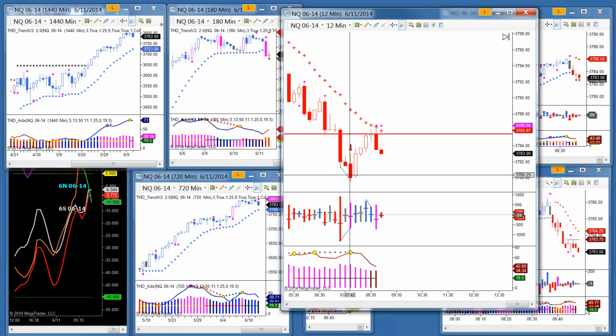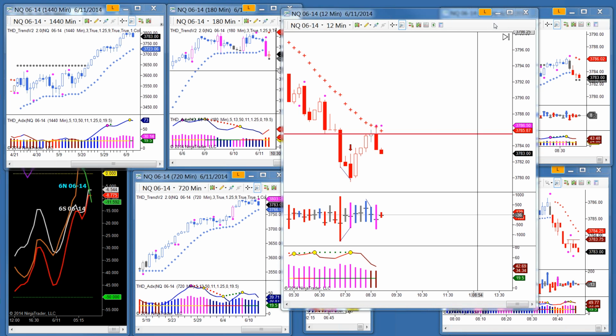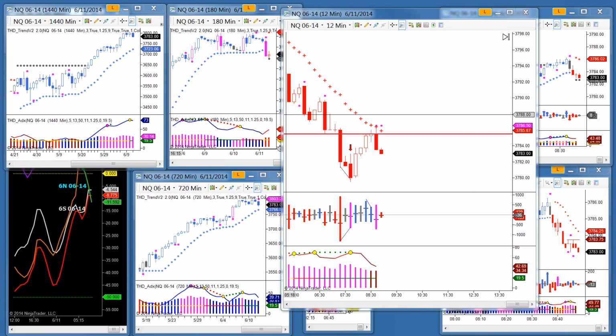So you have a lower low, a higher low. Should not do that. Any of the bars that make a high going back to the ATR.